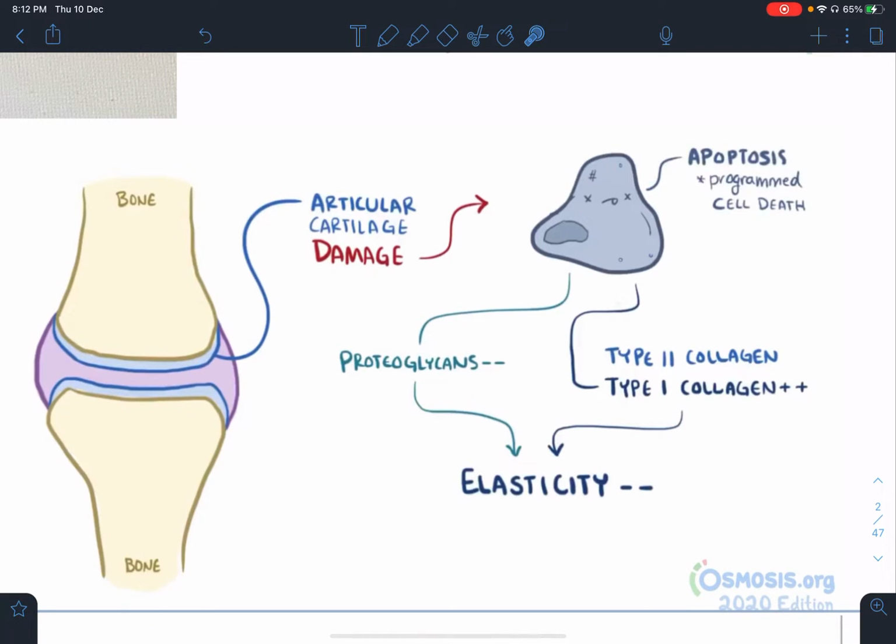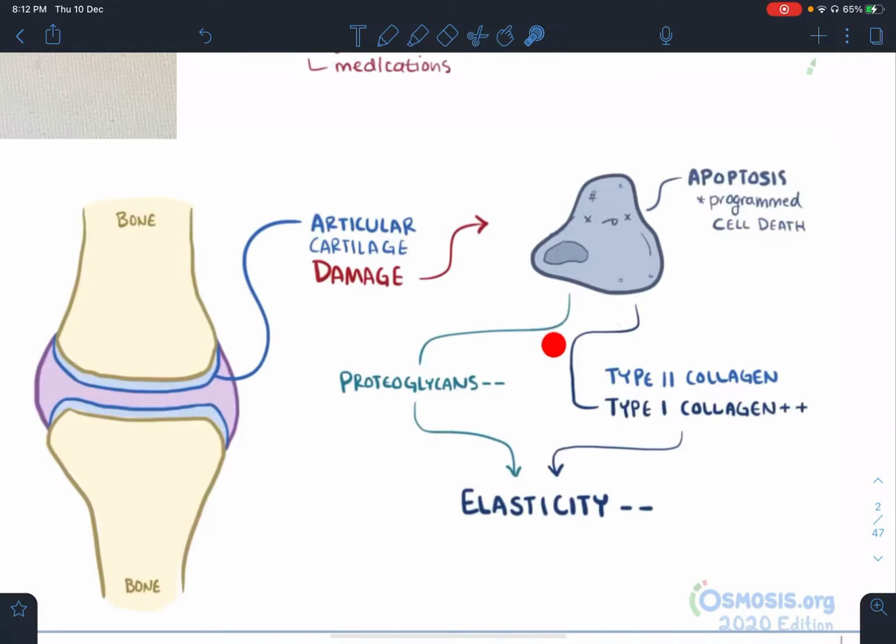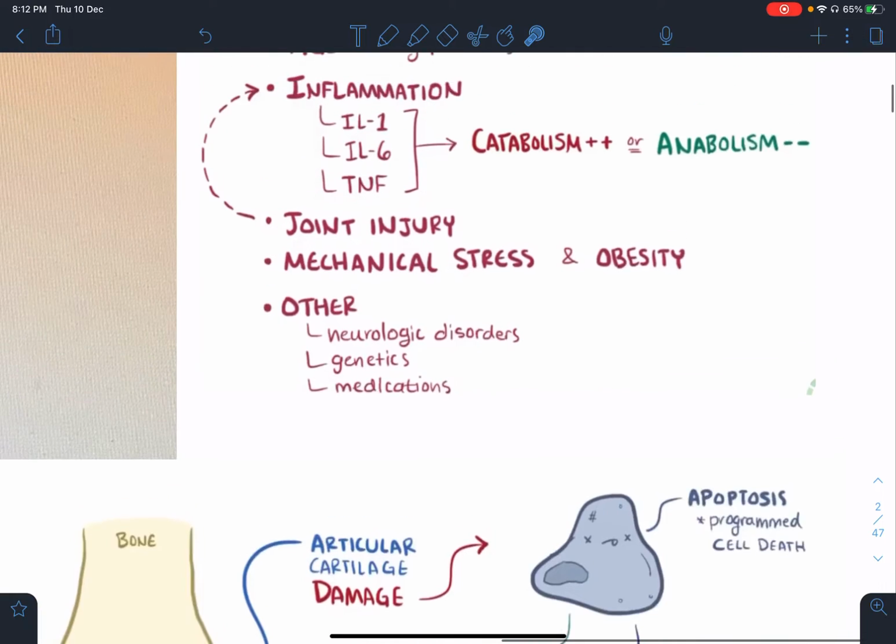So the chondrocyte is now making less proteoglycans and making more of the type 1 collagen. That's going to affect the elasticity of the joint, and that's going to damage the articular cartilage, and as a result, the chondrocyte will die after a period of time.